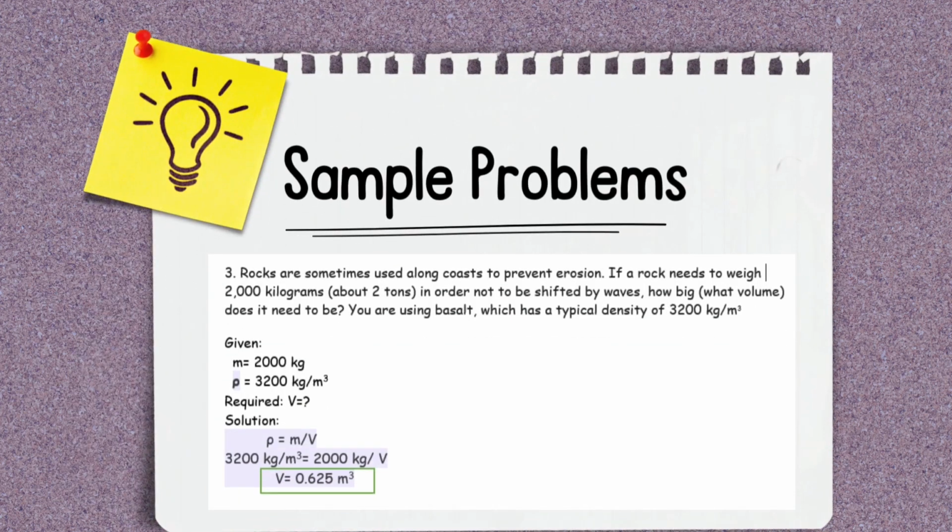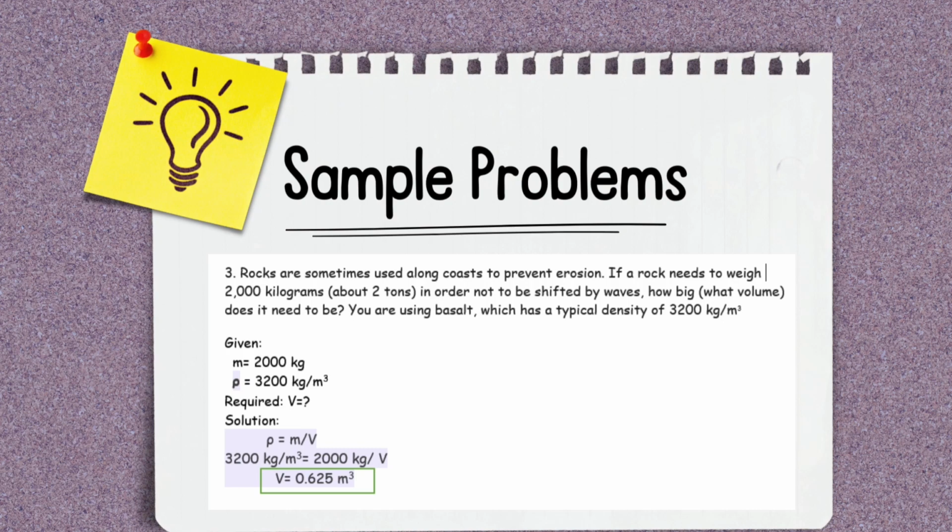Number 3, sample problem. Rocks are sometimes used along the coast to prevent erosion. If a rock needs to weigh 2,000 kilograms in order not to be shifted by waves, how big does it need to be? You are using basalt, which has a typical density of 3,200 kilograms per cubic meter. Given M is 2,000 kilograms and density is 3,200 kg per cubic meter.